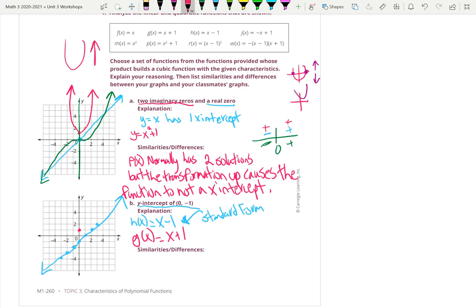This would look like this. Okay. Now this is still not going to be a cubic. I need 3 things to be multiplying together. So my next guy, I'm going to just multiply it by f of x is equal to x. Okay. So we know the similarities. All the x-intercepts carry over in the product.